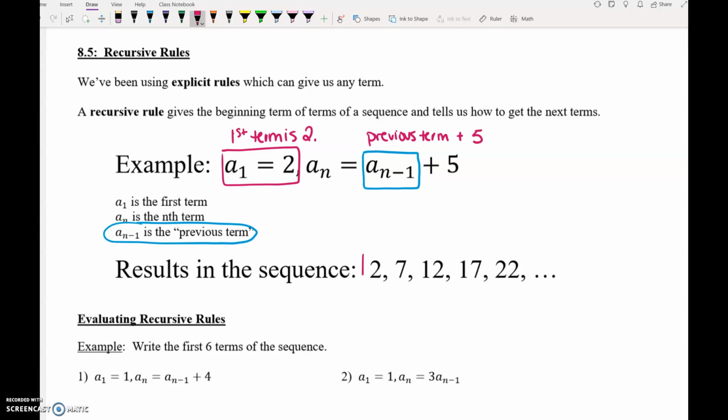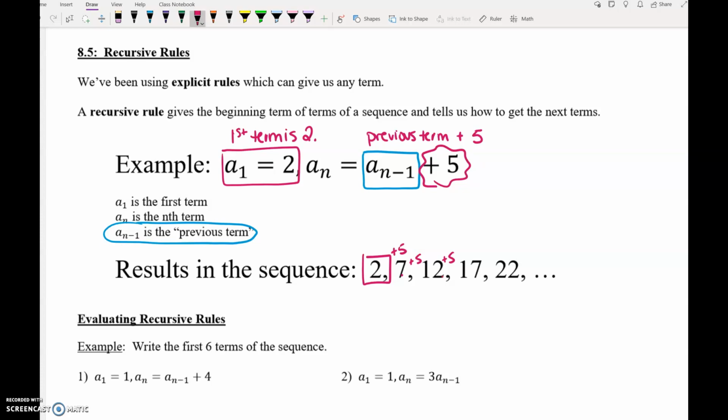So we're going to take 2, that's our first term. We're going to add 5, and that will give us 7. Then we're going to add 5, and that will give us 12. Then we're going to add 5, and it will give us 17. Add 5, it'll get you 22. So plus 5 is really what's happening in this sequence. We're taking each term and we're adding 5 to get the next term.